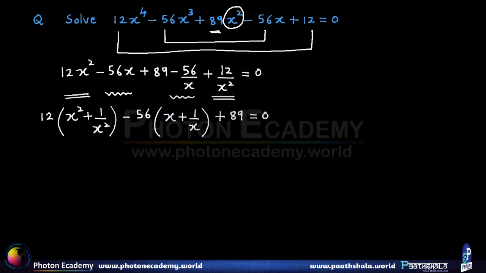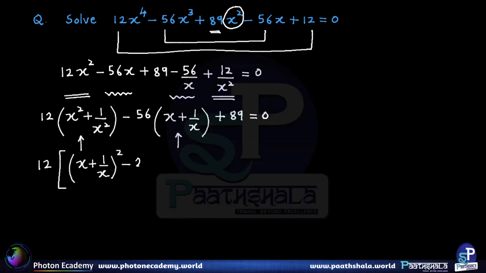Now we can write the first bracket as the square of x plus 1 upon x, from which we have to subtract 2, and minus 56 into x plus 1 upon x plus 89 equal to 0.